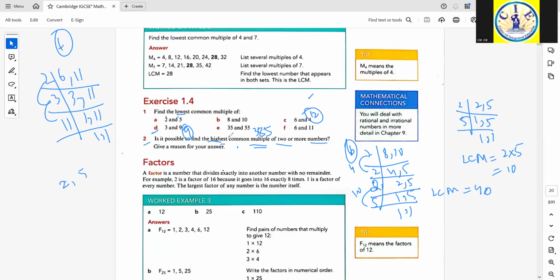If you need to find out the highest of that, it is not possible to calculate. For example, if you have a multiple of 12, you can have the next multiple of 12. Then you can have even the next multiple of 12. So whatever number you get, you can get the next number after it. So that's why the highest of the common multiples is not possible to calculate. So this is how exercise 1.4 is to be done.